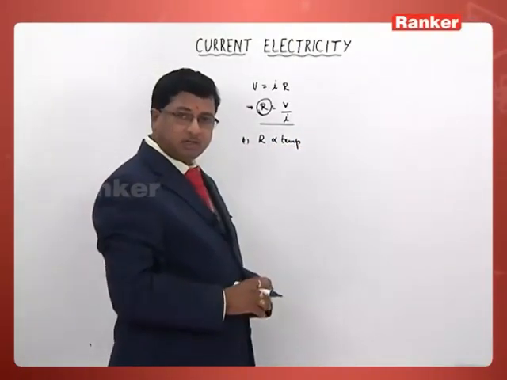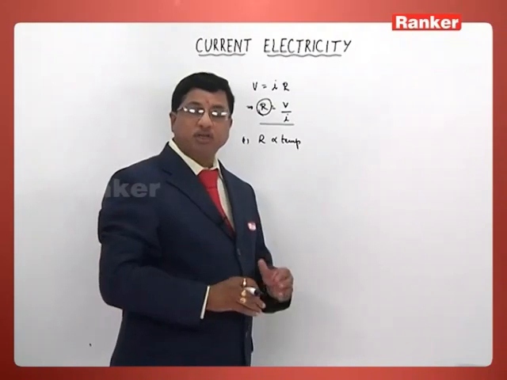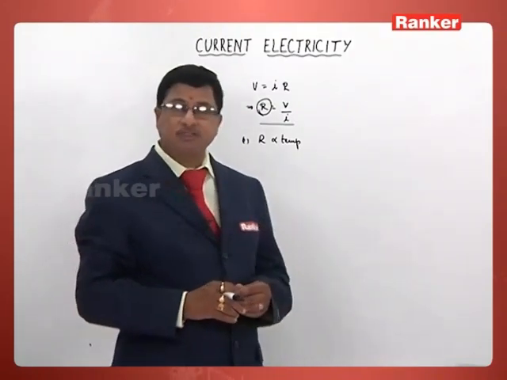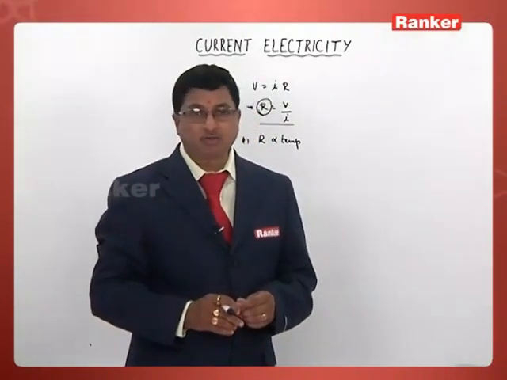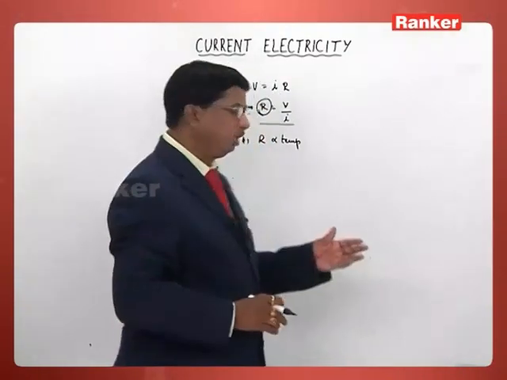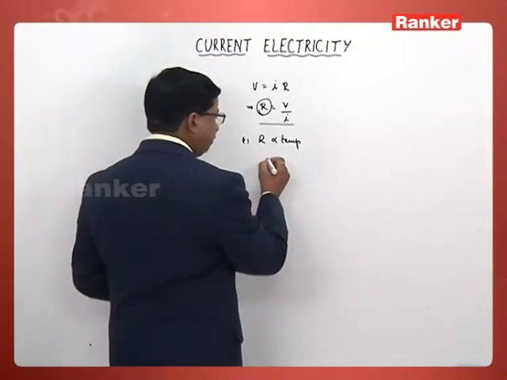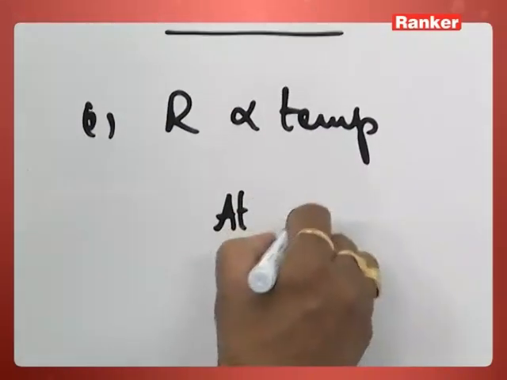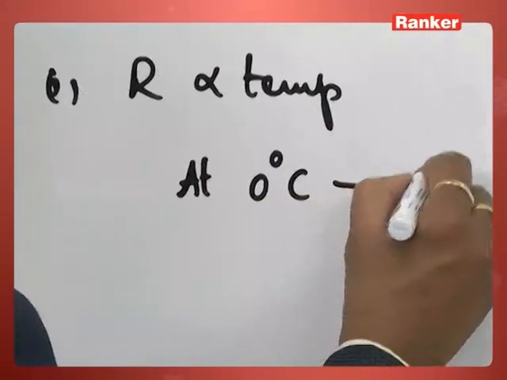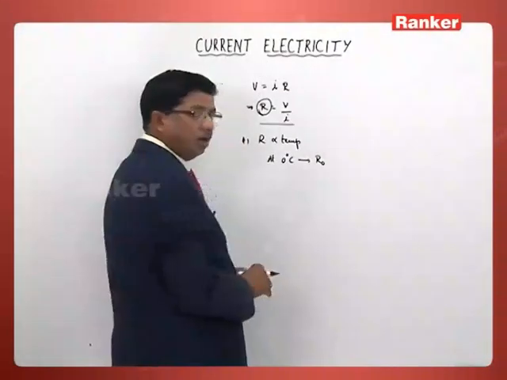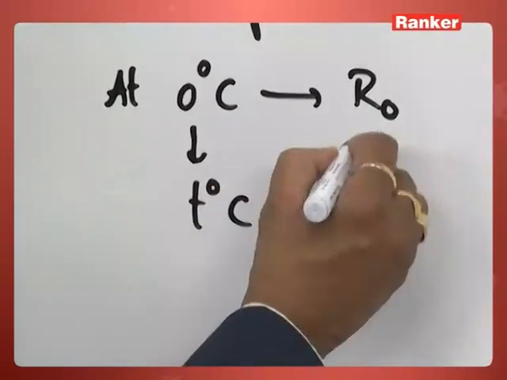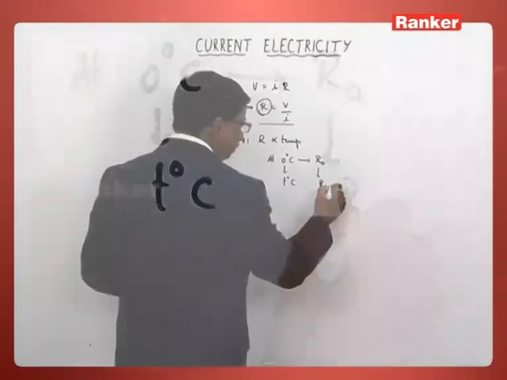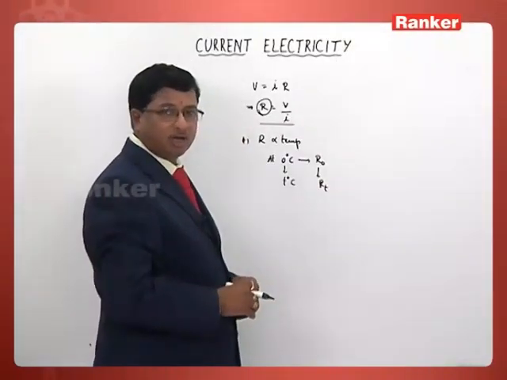When the temperature of a conductor increases, the resistance of that conductor also increases. What is the equation we write for this? At 0 degrees centigrade, for example, the resistance of a conductor is R0. When we increase the temperature to T degrees centigrade, let us consider the resistance becomes RT.